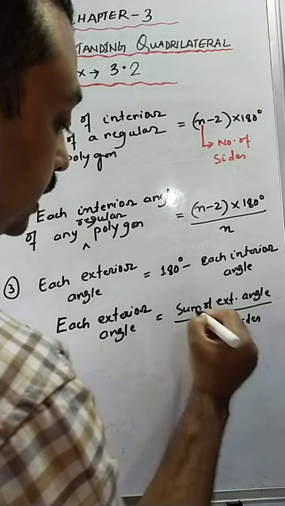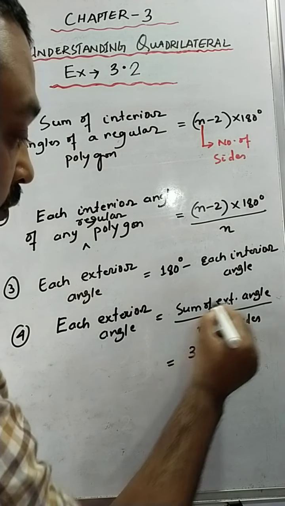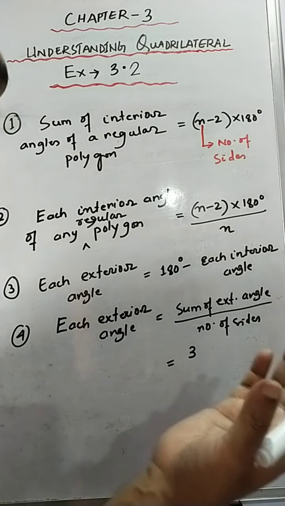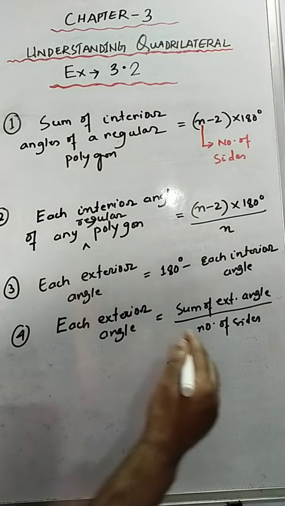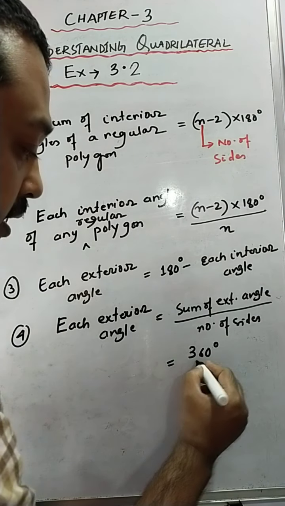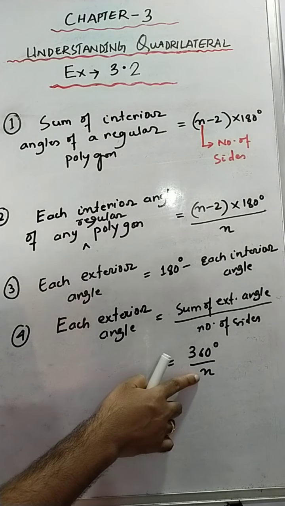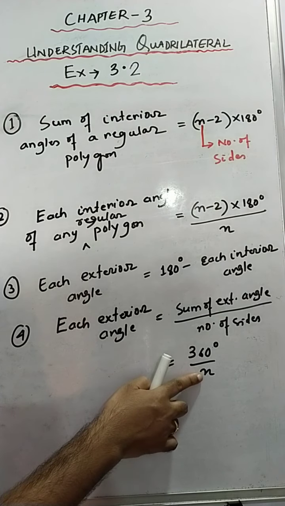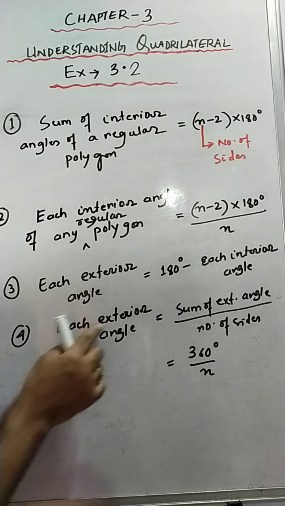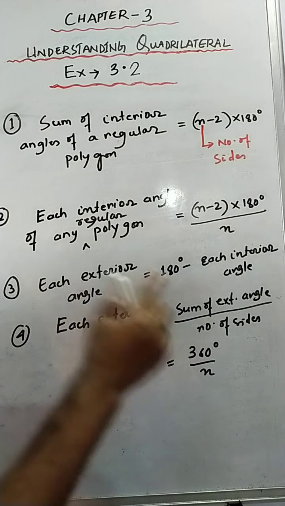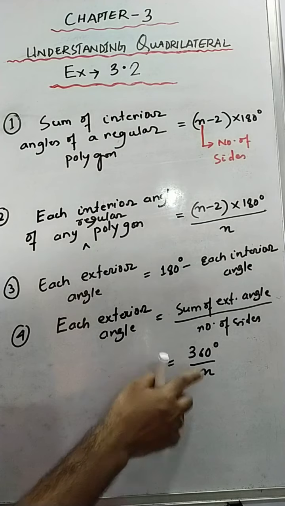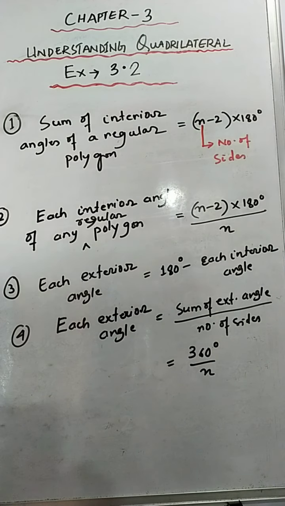This is another formula. This could be written as sum of exterior angles for any polygon. We discussed in my previous video also that it would be 360 degree, and number of sides is considered as n. So this is the formula, students. If the number of sides is given and you have to find out each exterior angle, you will use this formula. You will divide 360 by the number of sides which is given for a regular polygon.